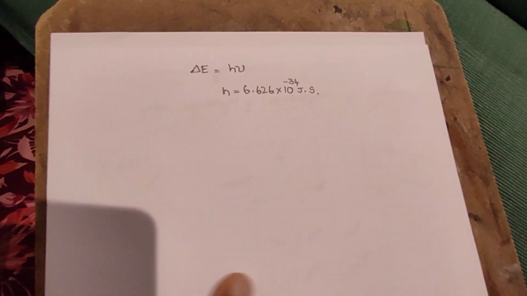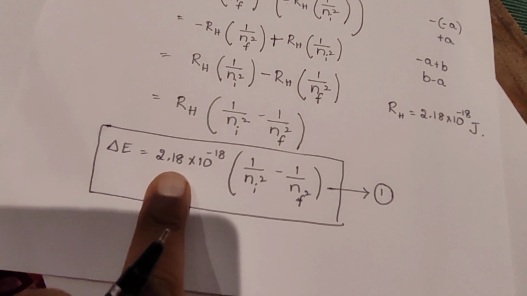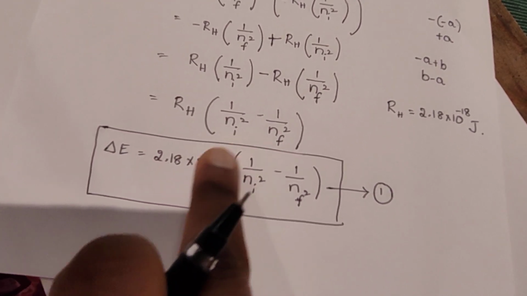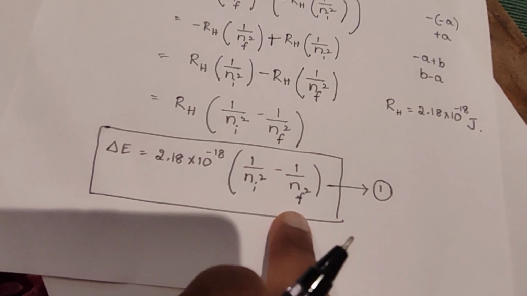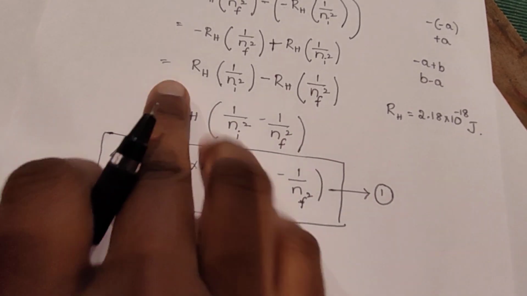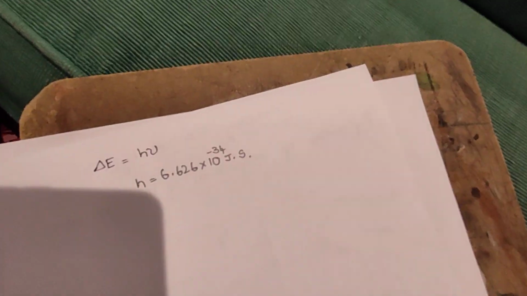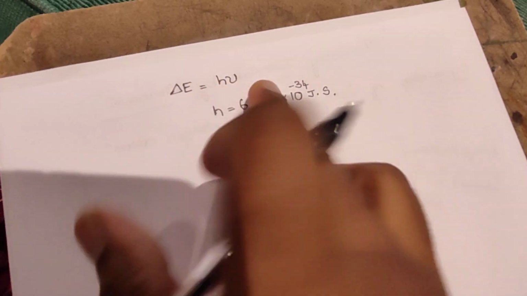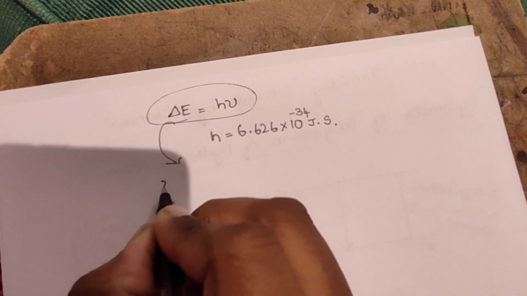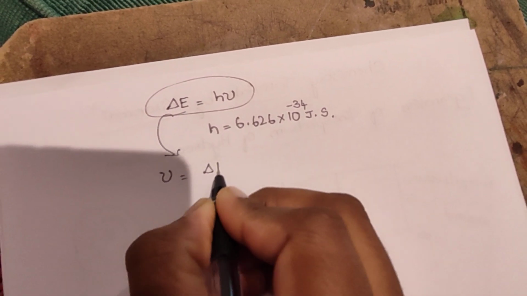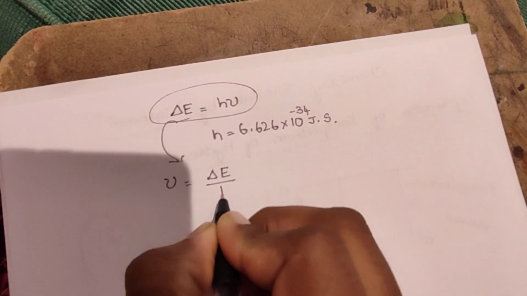And we also know the delta E formula. Delta E is equal to 2.18 into 10 power minus 18 into 1 by Ni square minus 1 by Nf square. So substituting this in the equation, delta E equal to h mu. So from this equation, mu is equal to delta E by h.